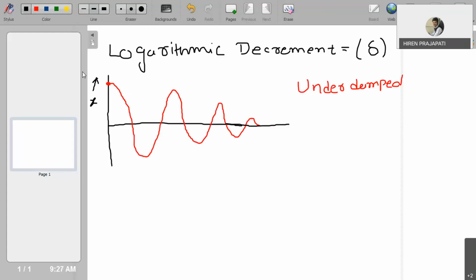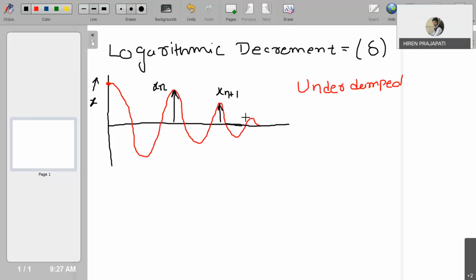Let me call this amplitude xn, and after completion of one cycle there is some reduction in the amplitude due to damping. This amplitude after completion of one cycle, I'm indicating by xn plus 1. If this is xn, then this is xn plus 1, this is xn plus 2, right?